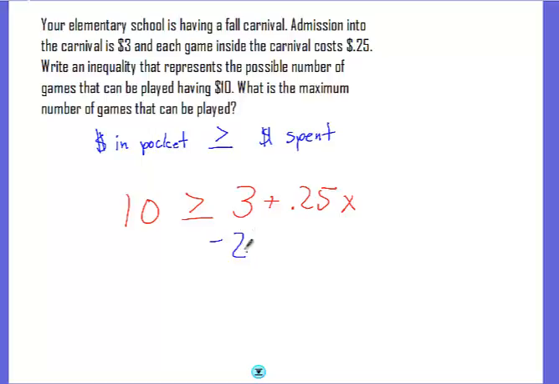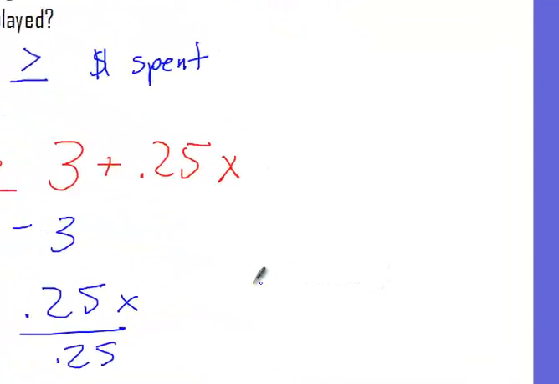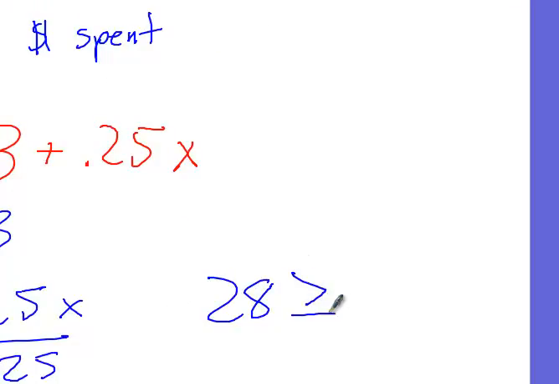So if you want to get the 0.25x by itself, subtract 3 from both sides. Oops, that's a lie. You get 7 is greater than or equal to 0.25x. Divide both sides by a quarter. And you get, on the left side, 28 is greater than or equal to x.